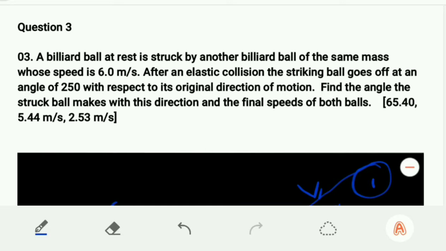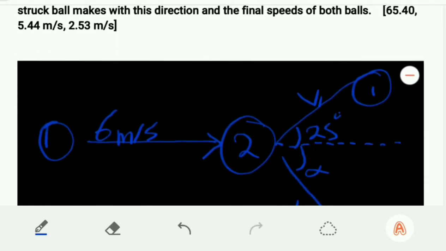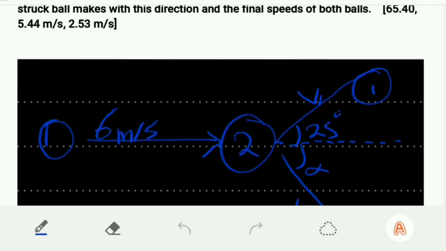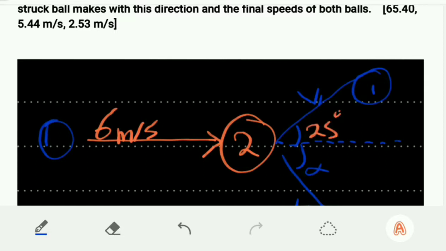where our original motion for the first ball will be considered as going towards the positive x direction. It's going to hit the second ball, this guy here. After it hits the second ball, it moves from its direction at an angle of 25 degrees.